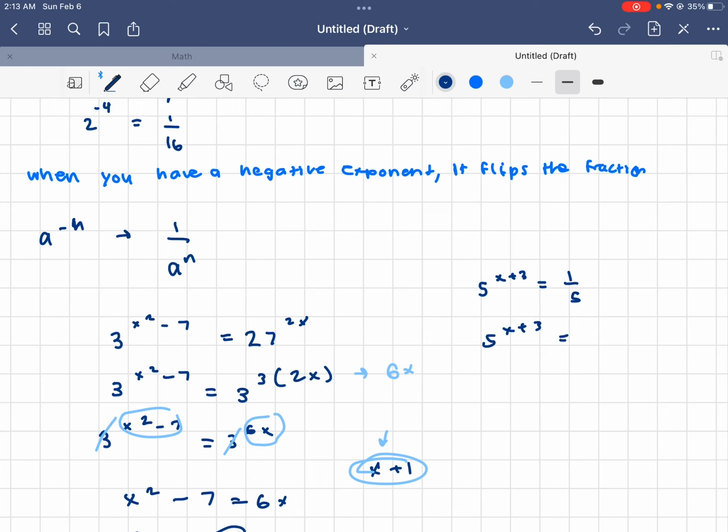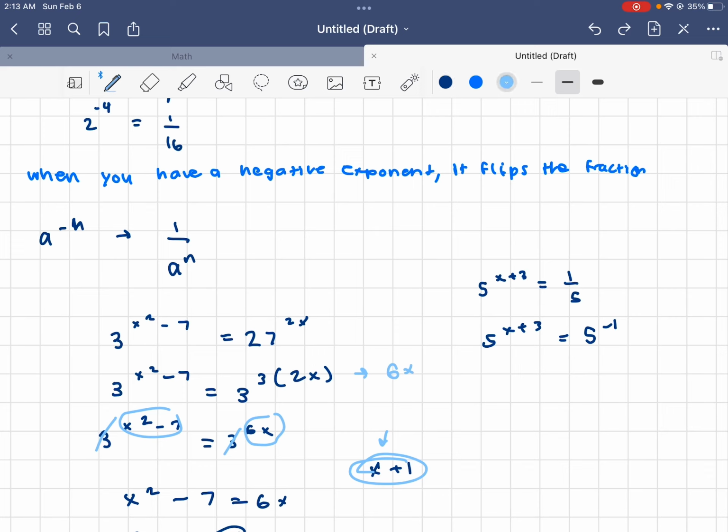So when we do that, we'll have 5 to the negative 1. Because when something is raised to the negative power, it flips it and makes it into a fraction. So these two are equal, okay?